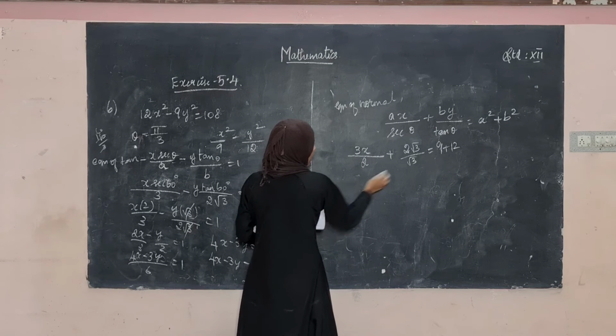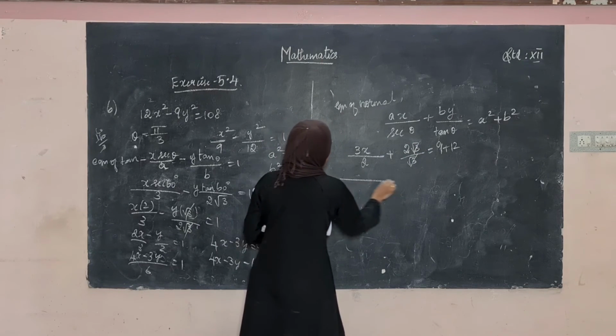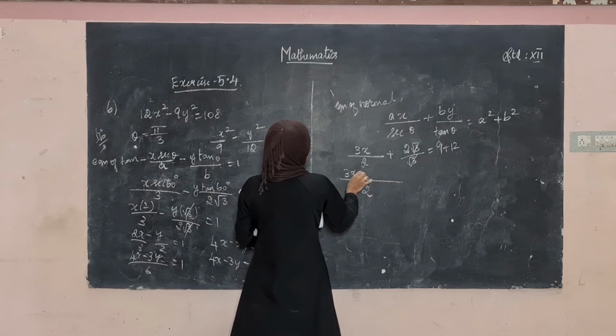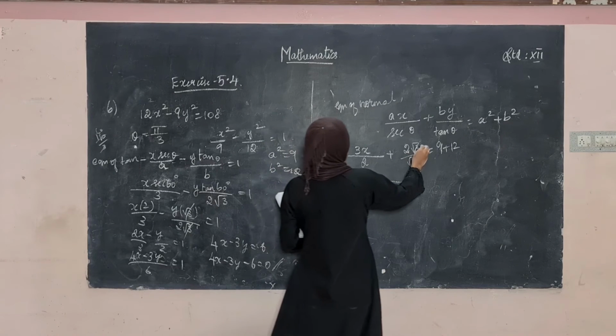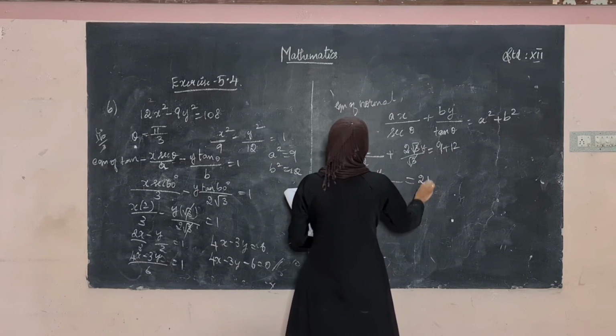Now this and this get cancelled. Taking LCM as 2, what happens? 3x plus 4y is equal to 21.